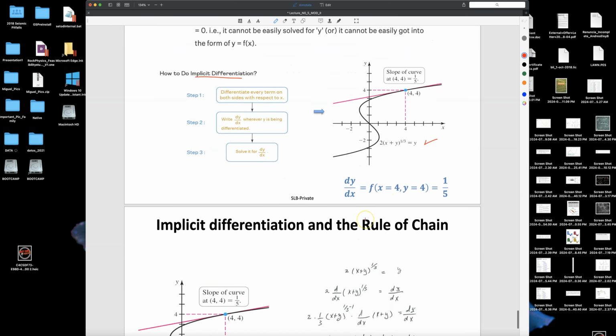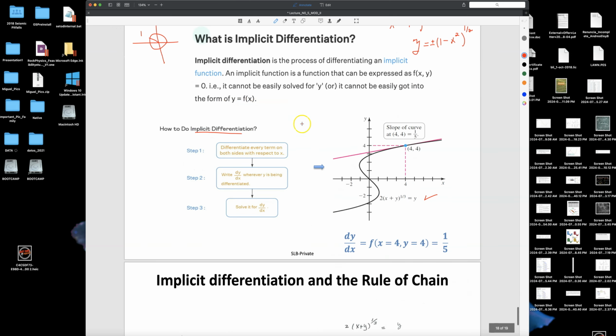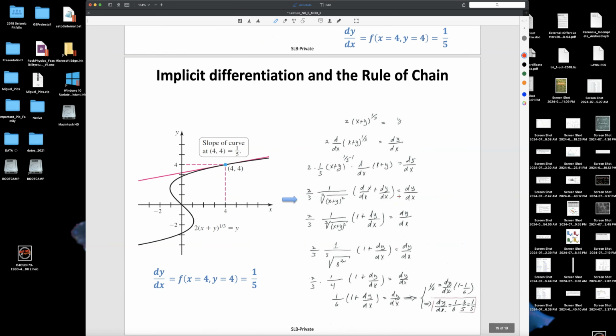Okay, so how can we apply the implicit differentiation workflow that I presented over here? You're going to see that at some moment we are going to need the application of the chain rule.